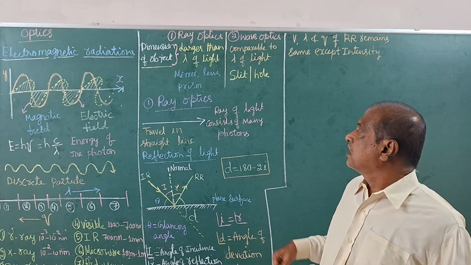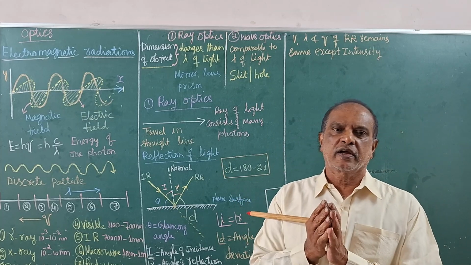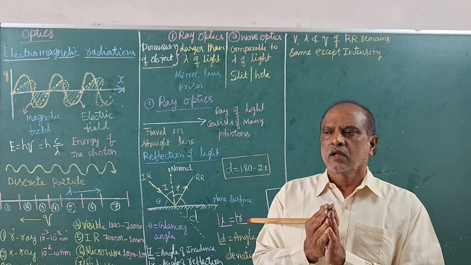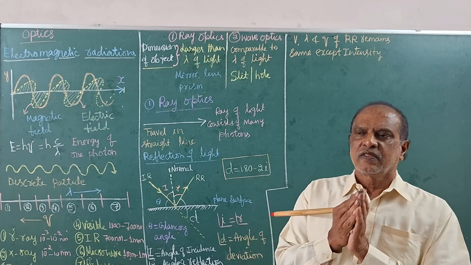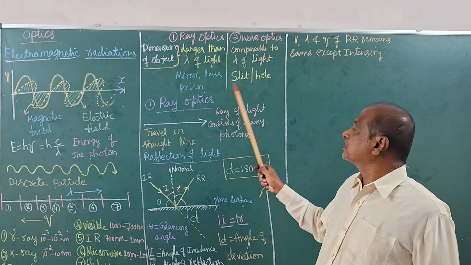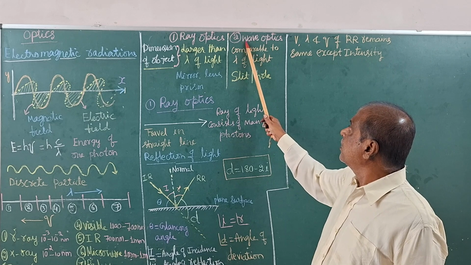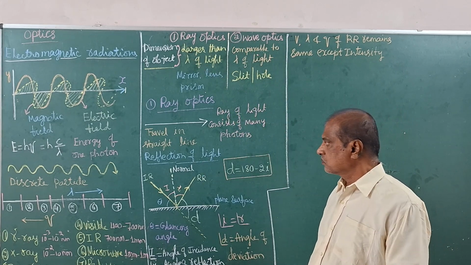That study characterizes the wave nature of the light, completely wave character. For example, diffraction, polarization, interference. These are properties exhibited by waves or light. So the detailed study of this is called wave optics, and the other is called ray optics.